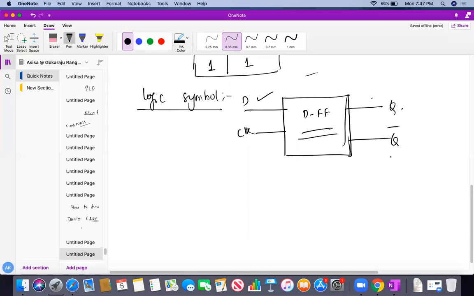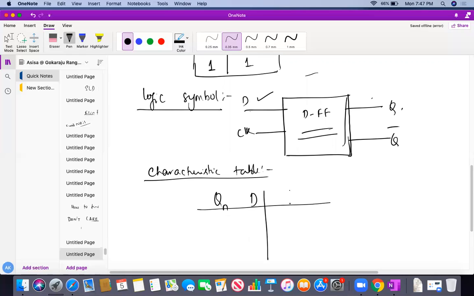So what is my characteristic table for it? The characteristic table tells me how the flip-flop works and how it depends upon the present state. Let's say my present state is Qn, D is my input, and Qn plus 1 is my next state. The conditions are 0, 0, 0, 1, 1, 0, and 1, 1.